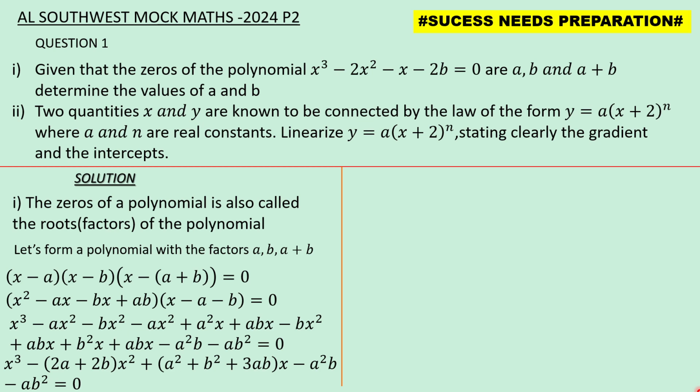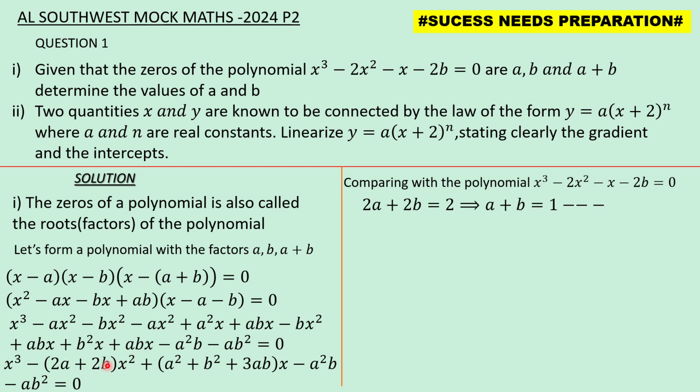Now from there, we are required to equate the coefficients, because they said these are the zeros. We equate the coefficients of this polynomial to the given polynomial.